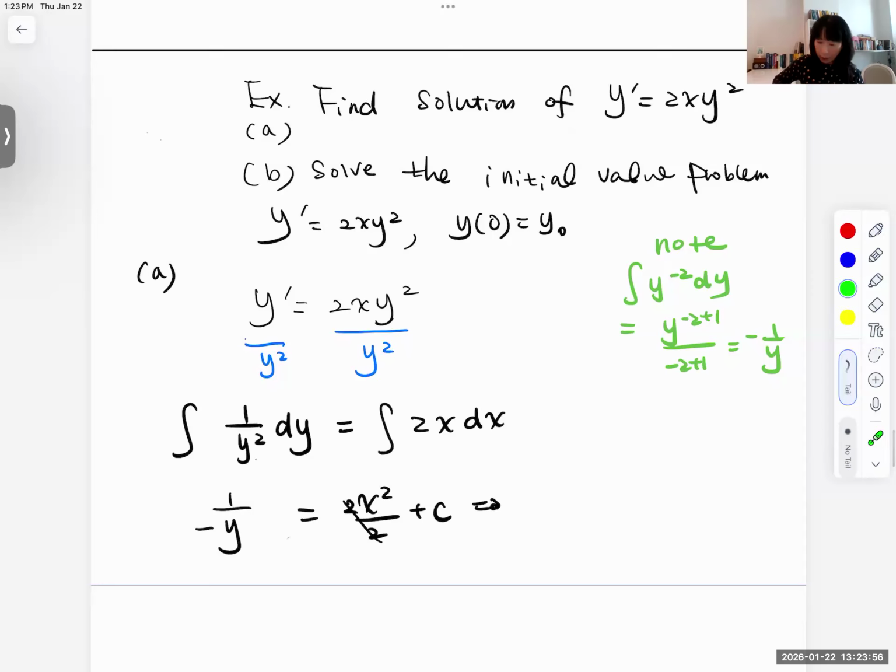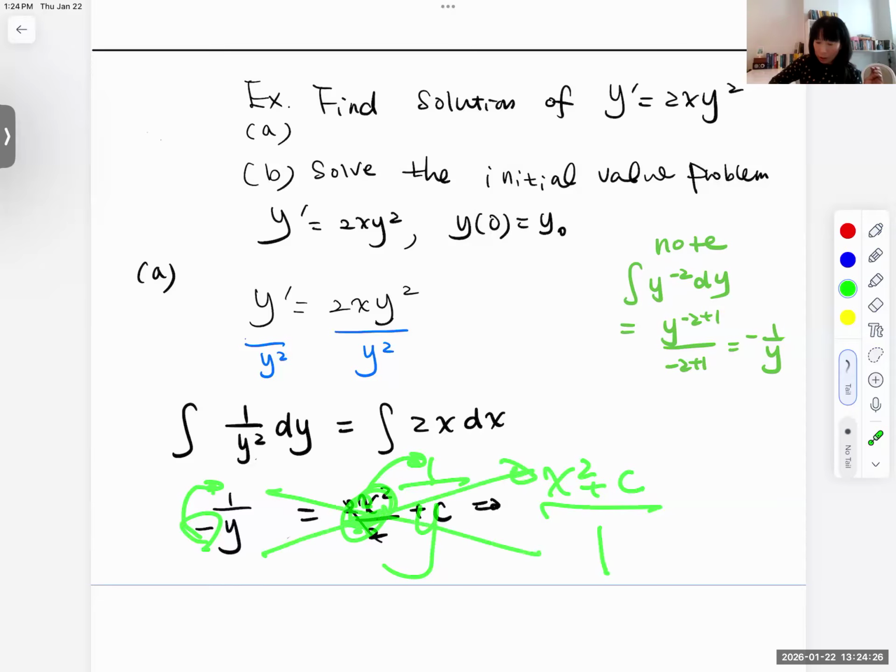Make it shorter, right? So basically this will be x squared plus c. So we have 1 over negative y. Let's give the negative 1 to the numerator or the denominator, either way, but not both. So give it to the numerator, and then we multiply this way.